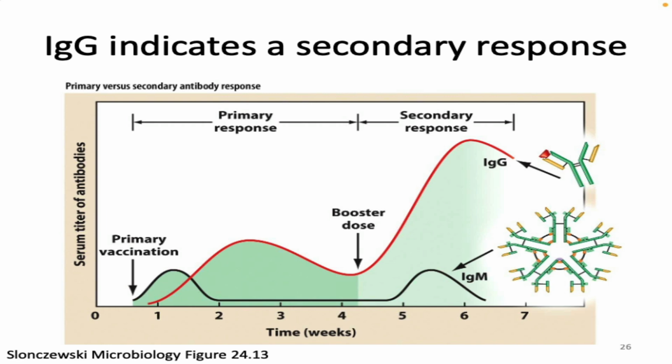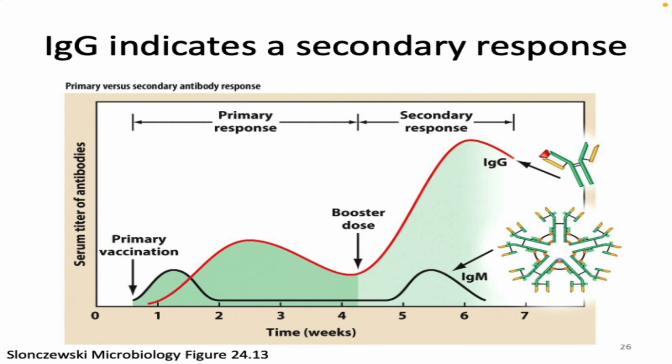So if, for example, I wanted to go to the doctor and see if the measles vaccine that I got when I was a little kid still works, they would draw some blood and see if I have any measles IgG. And so IgG is a key one that we do a lot of measurements of.